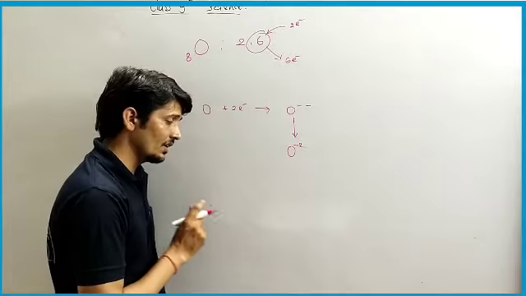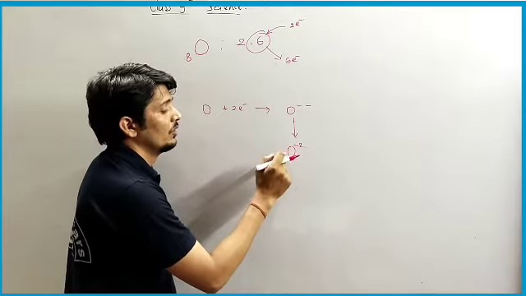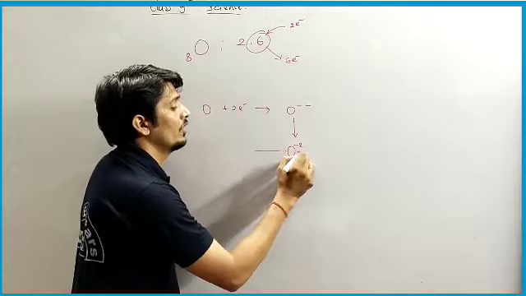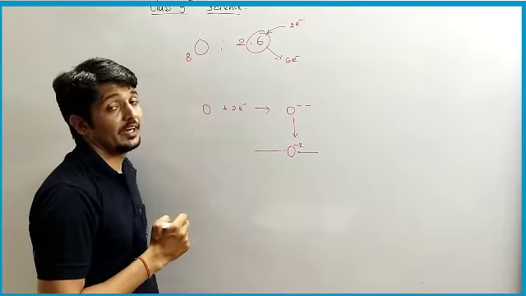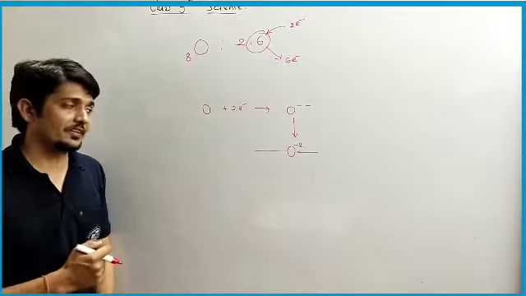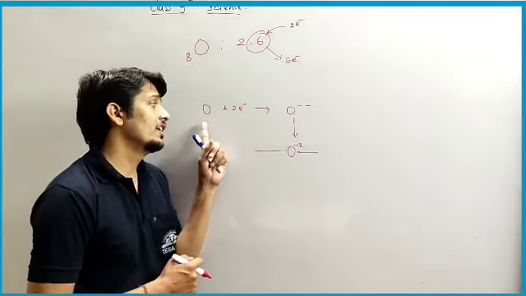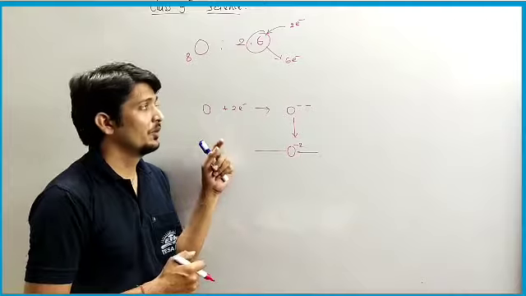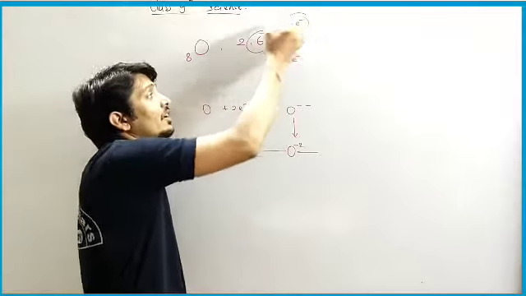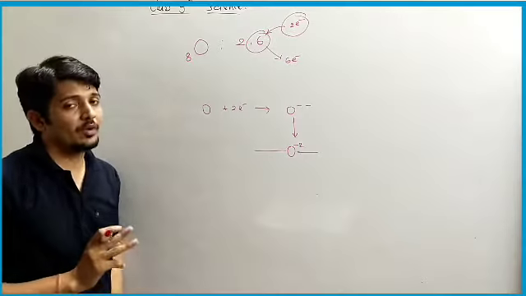Now oxygen is going to combine with 2 other atoms, maybe same or different. So this is the way we have to calculate the valency. That means the valency of oxygen is 2 because it requires 2 electrons in order to acquire stability.